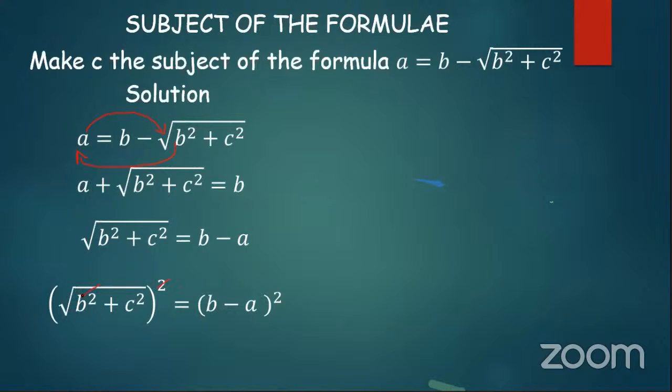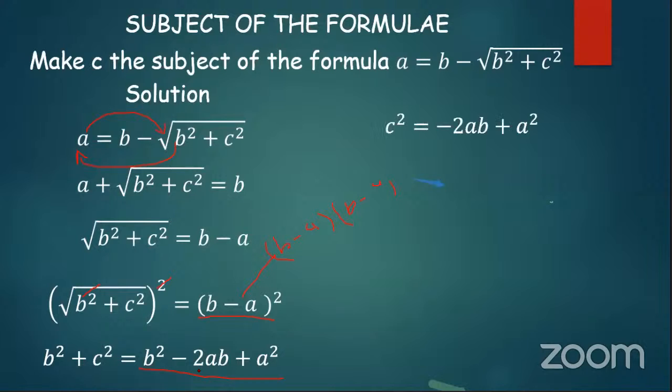So that will give us b squared minus c squared is equal to, so when we expand this, that is b minus a times b minus a. So when you expand this, you will come up to that.